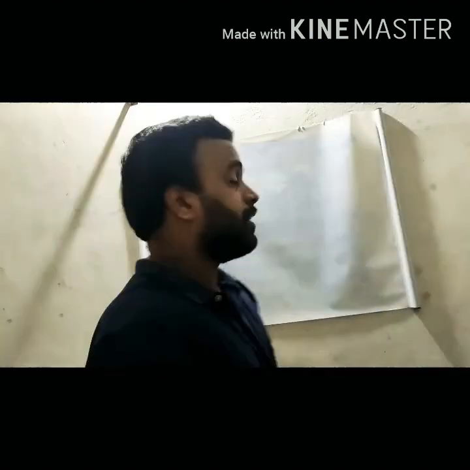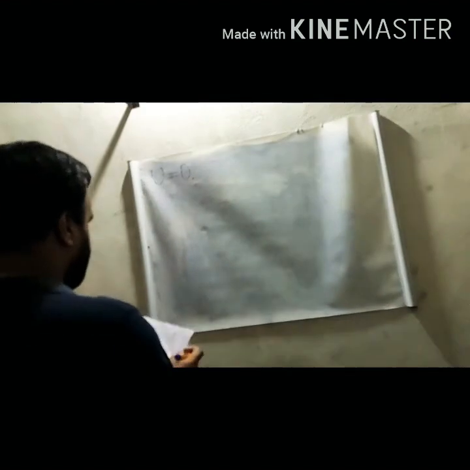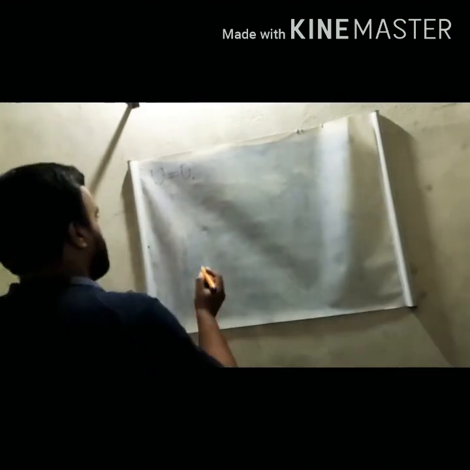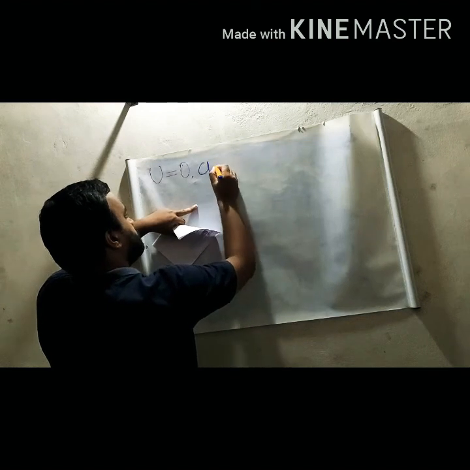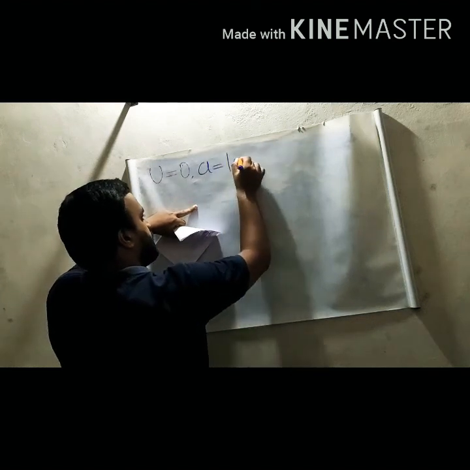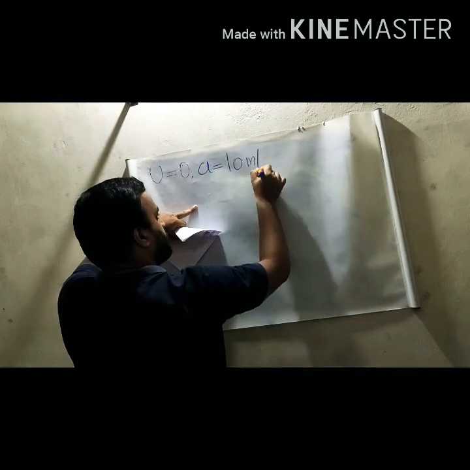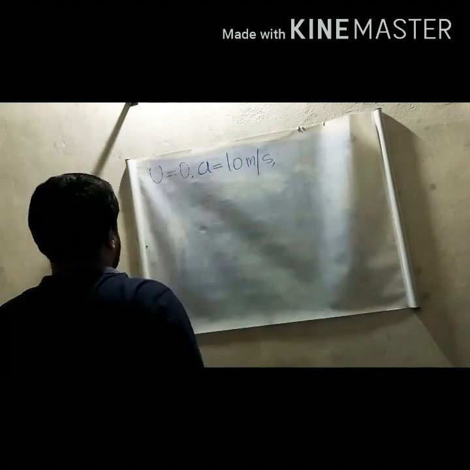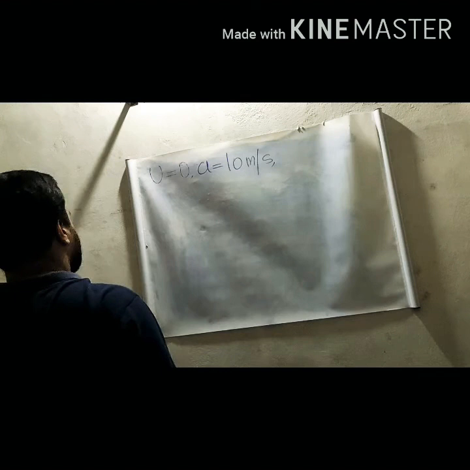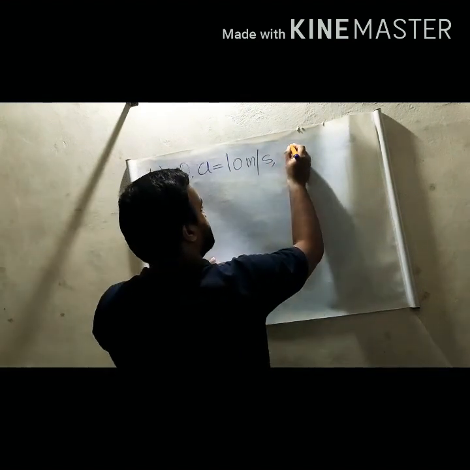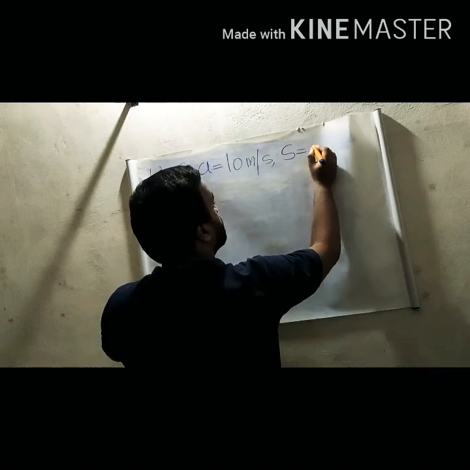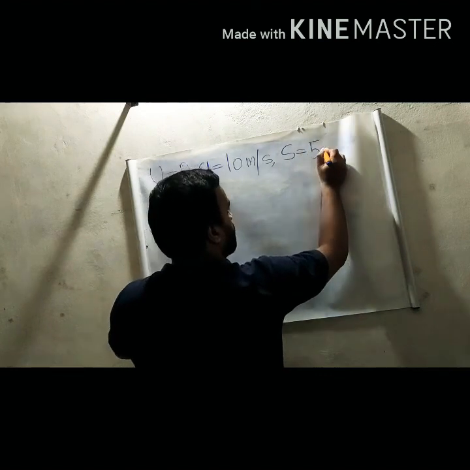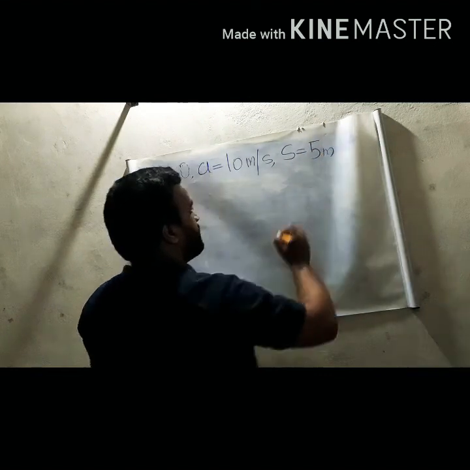Acceleration is given as a is equal to 10 meter per second square, and the distance traveled by the object is 5 meter. So these are the data available.